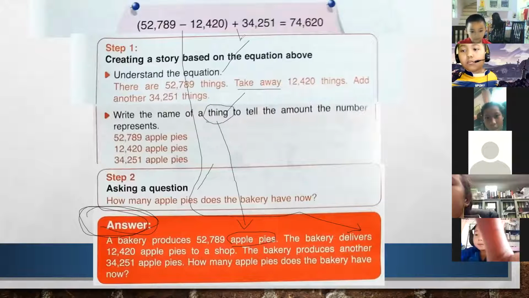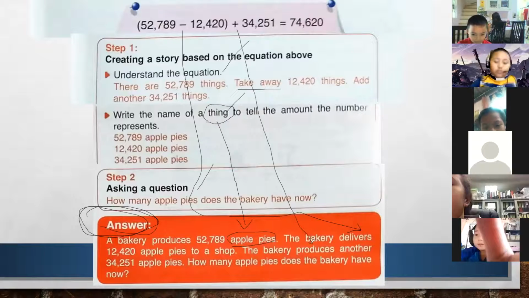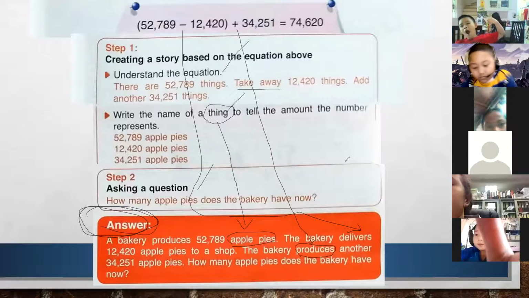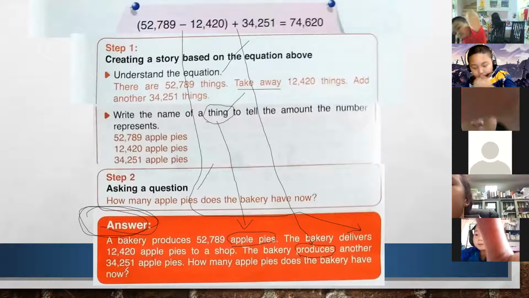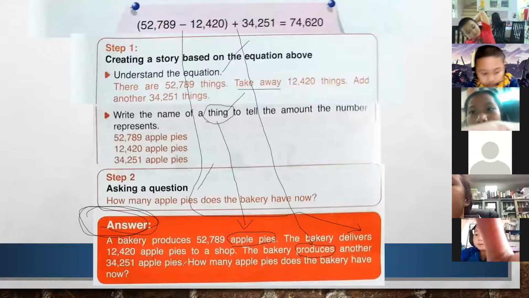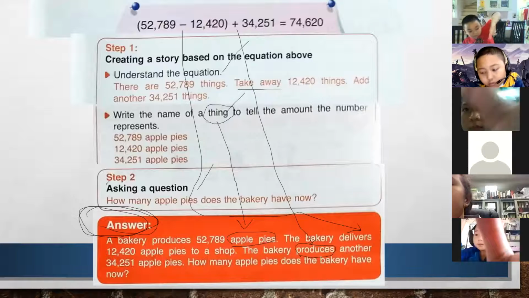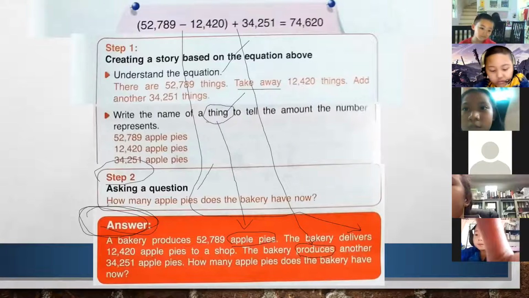So the plus operation is represented by the word produces. What does the word produces mean? Produces means to make another 34,251 apple pies. And the final step, step 2, is asking a question.